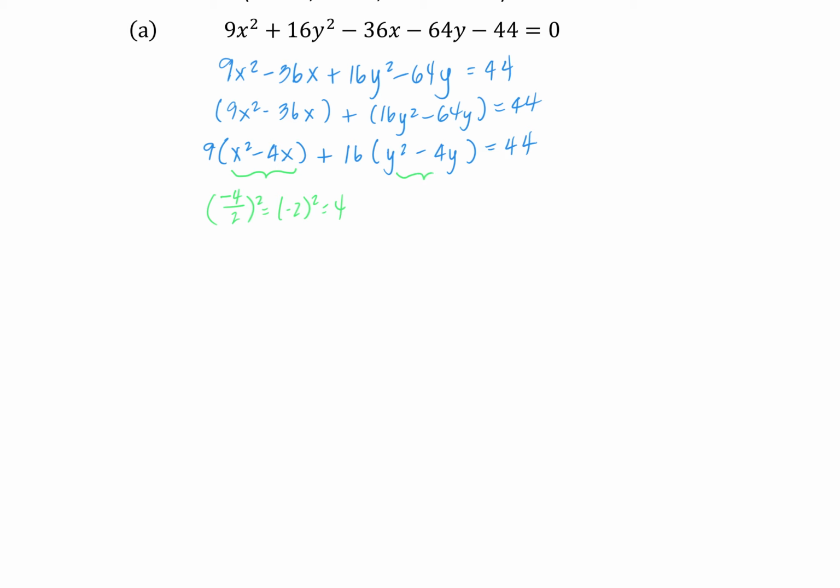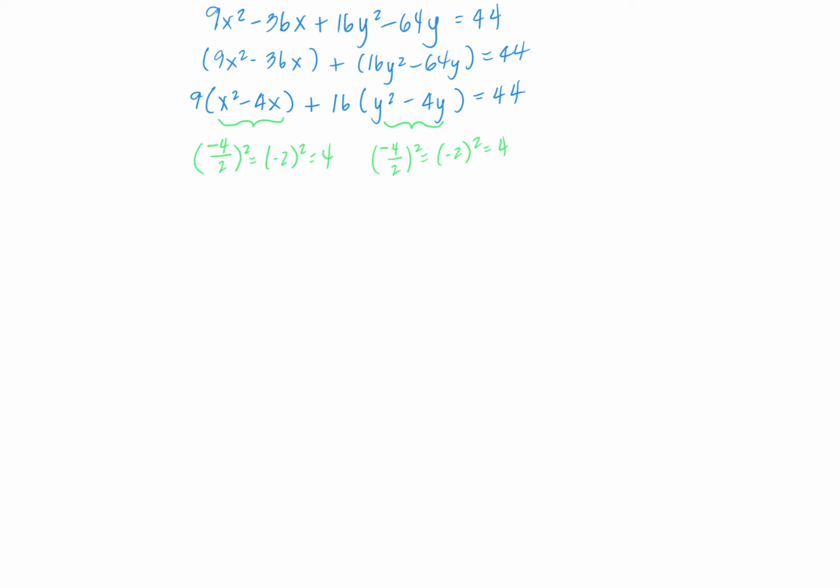And then we look at the y squared minus 4y. Again, that's not a perfect square. But if I take half of that negative 4, which is negative 2, and I square that, I get 4. So adding 4 inside the parentheses will give me a perfect square.